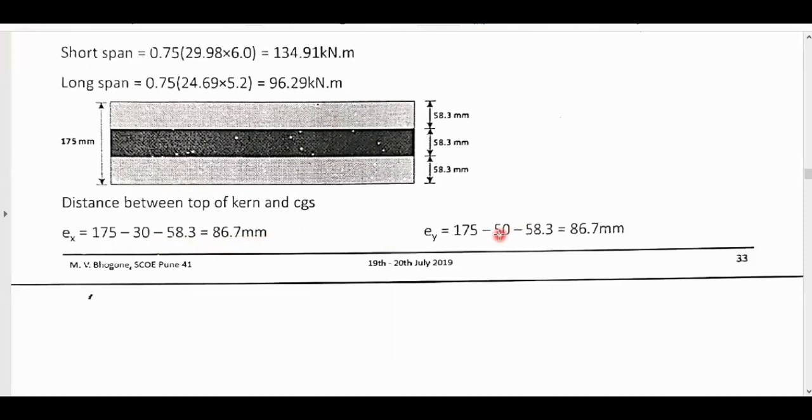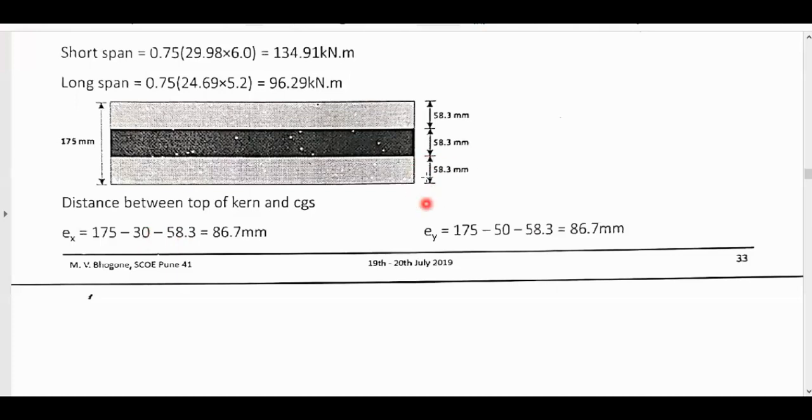Here 175 minus 50 minus 58.3. So the value will be less than this value, because total depth is 175 minus 30, that is the cover for the shorter direction Ex, and 58.3 is this value.